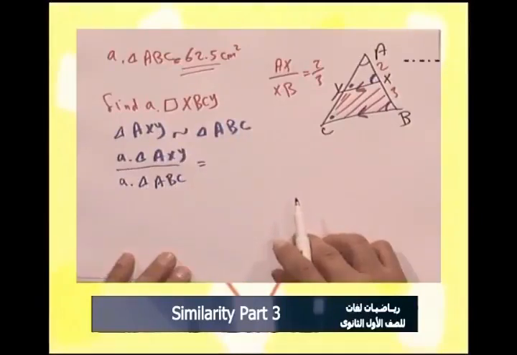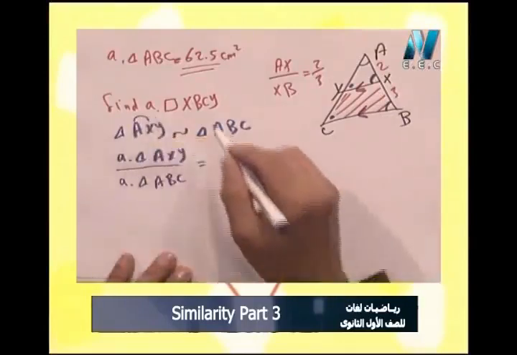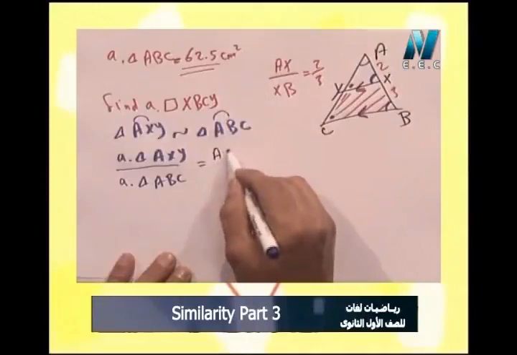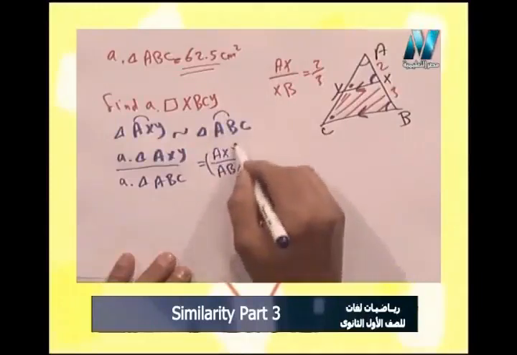Any ratio of these triangles, but power 2. So we can choose the ratio AX over AB, AX over AB power 2.